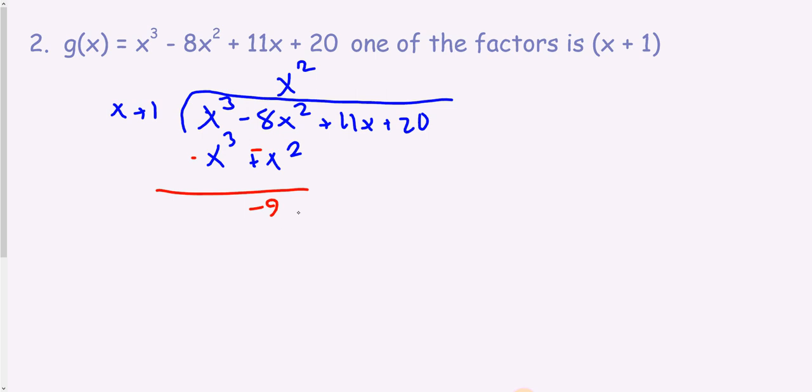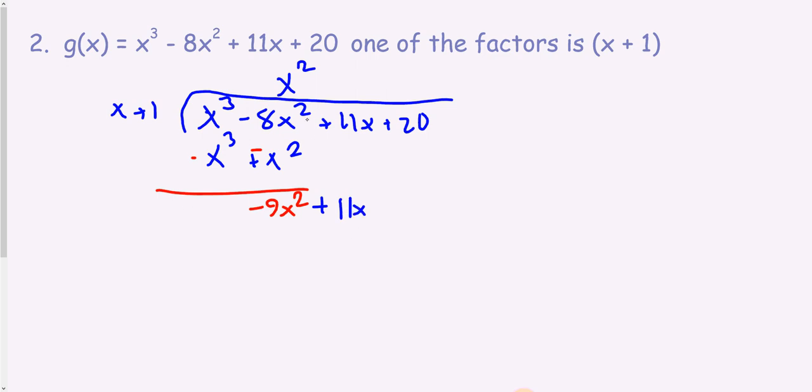Negative 9x squared. Okay, plus 11x. That's an 11. And you know what? I'm going to write that a bit better. I could probably write a little bit neater.